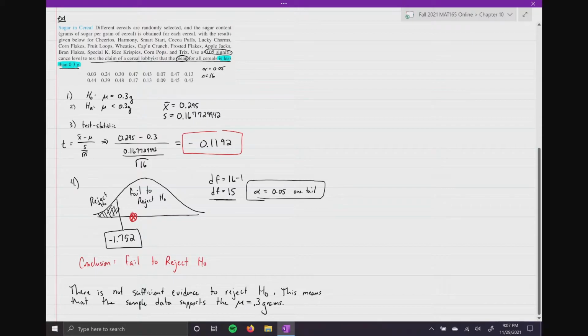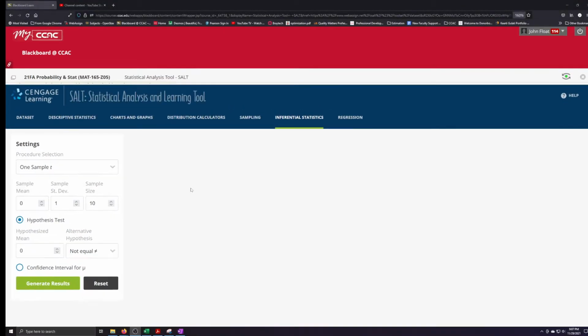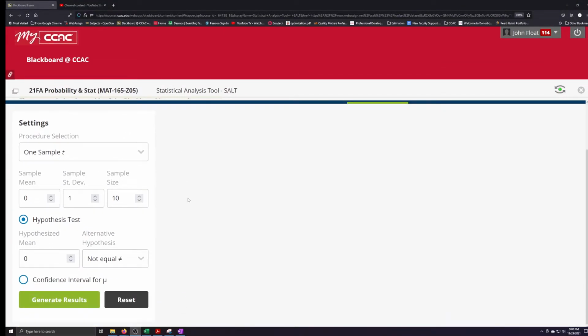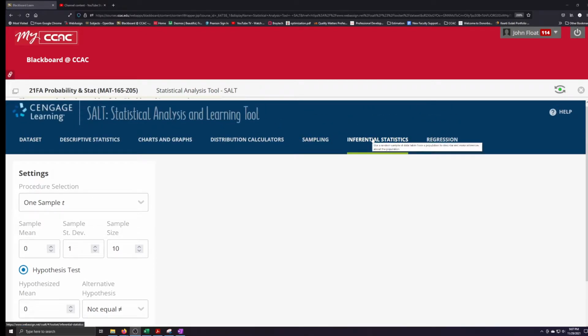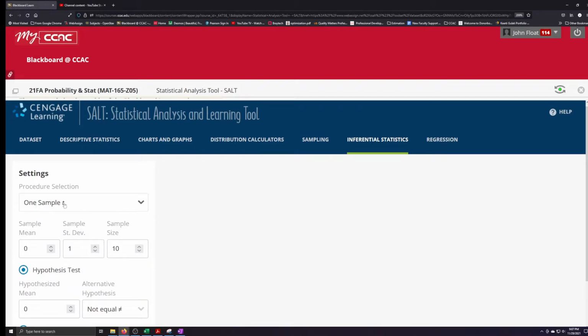All right? So we're gonna click on that. There we go. So here's SALT. So luckily for us, look at what our settings are here. So if you go over to inferential statistics, procedure selection, it's the very first one, one sample t. Now, according to the problem we just worked on, we know the sample mean is 0.295.